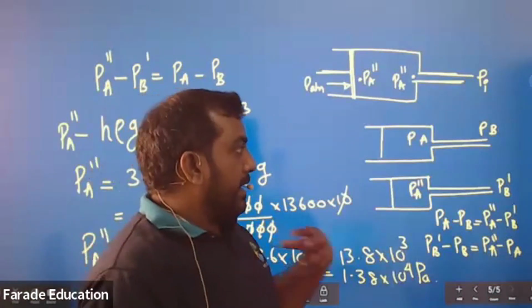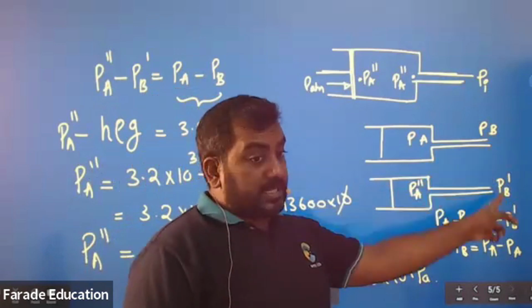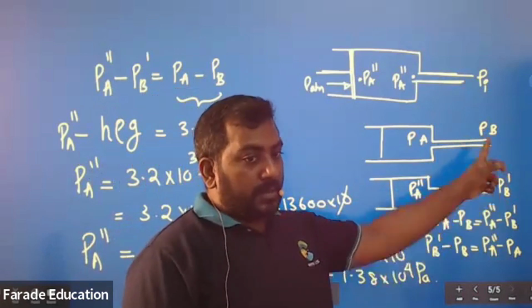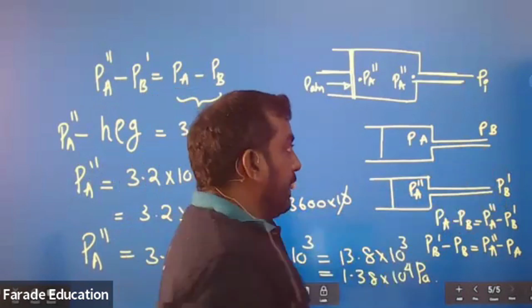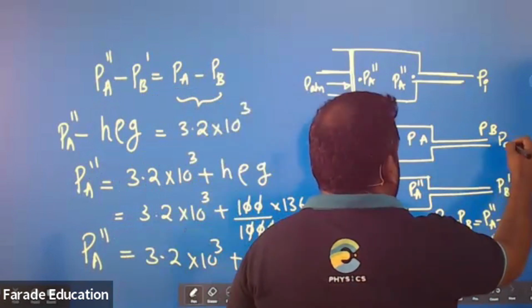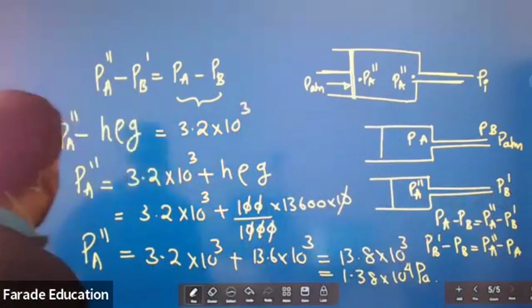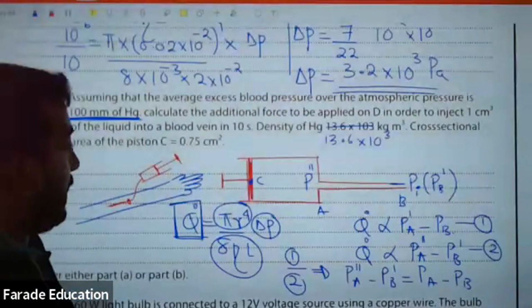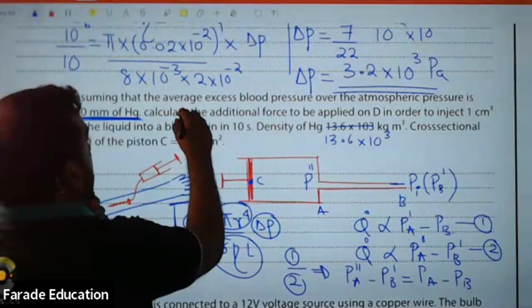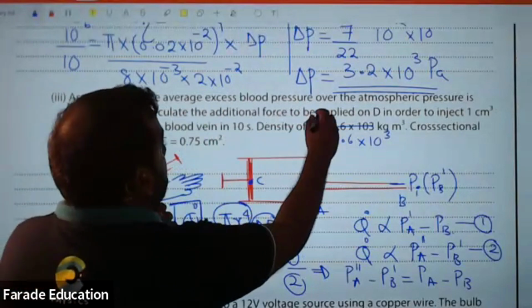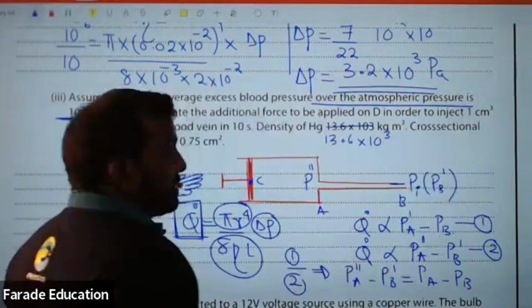So what is happening is there is going to be a pressure change here and a pressure change there. Here open to the atmosphere, here atmospheric pressure. Here they are telling you, assume the average excess blood pressure over the atmospheric pressure.